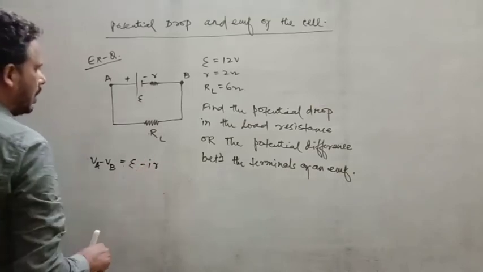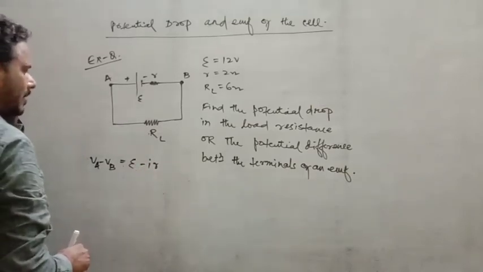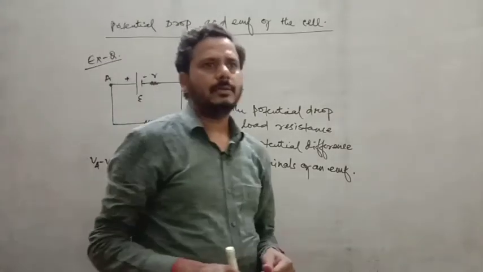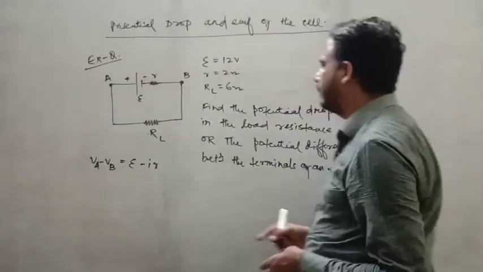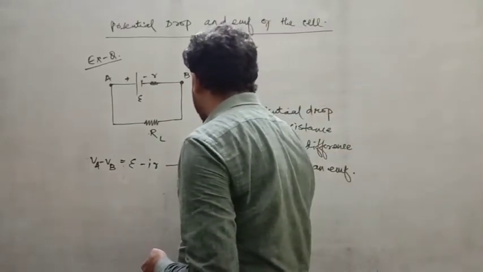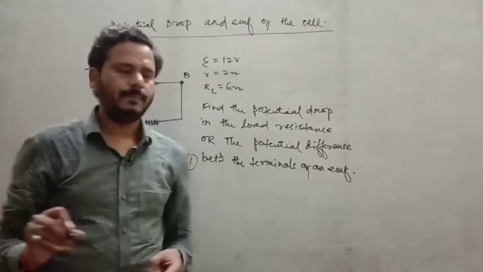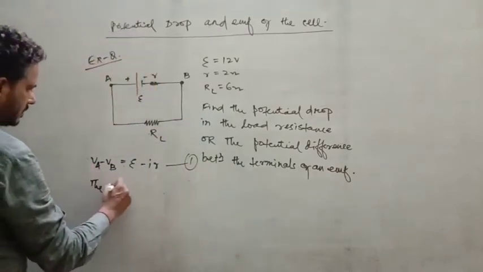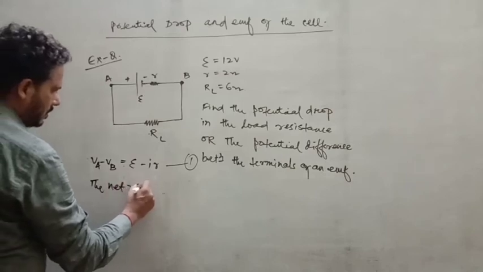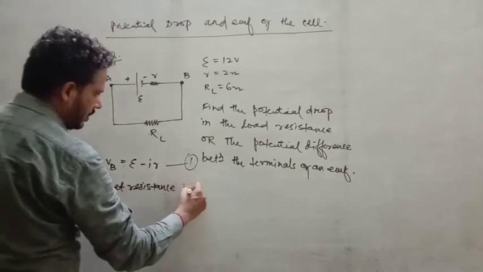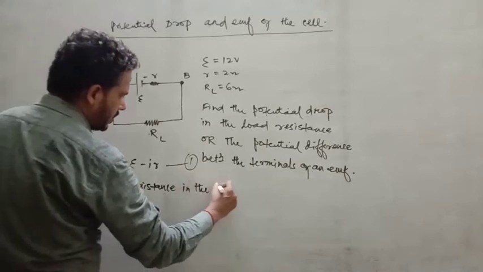So how can you calculate this I? In this circuit diagram you first have to find the net resistance. So keep in mind this equation as equation 1, and then the net resistance in the circuit.